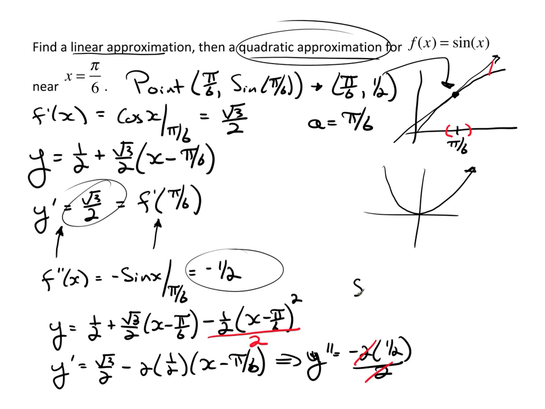And then I'm going to have the second derivative, let me see here, y double prime will then equal a negative 1/2, which would be equal to f double prime of pi over 6.